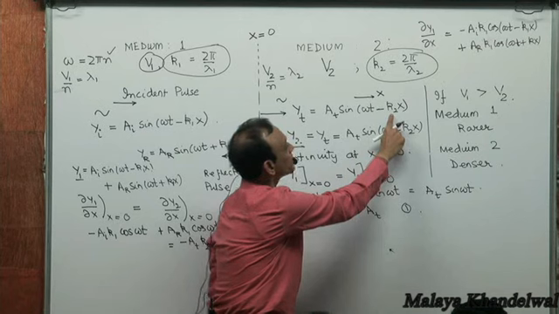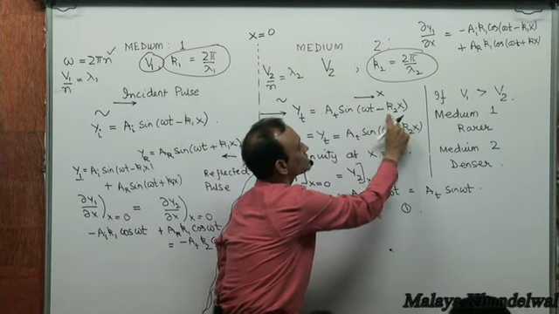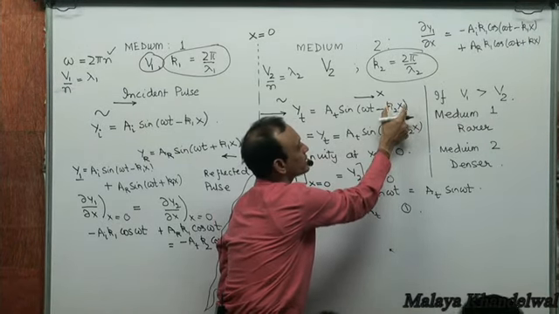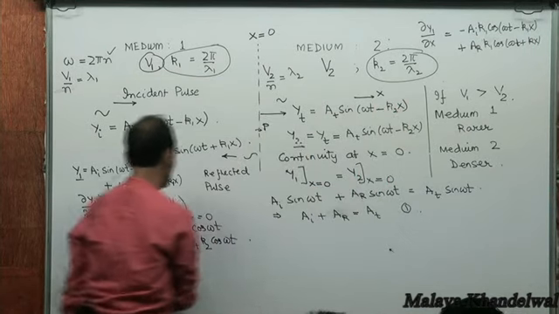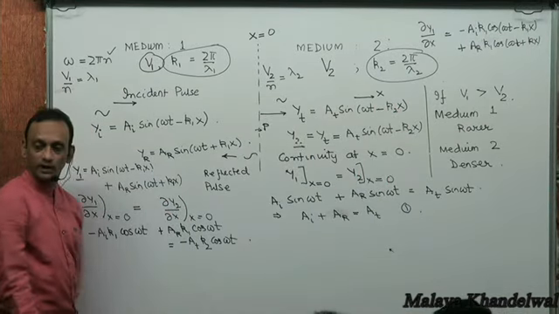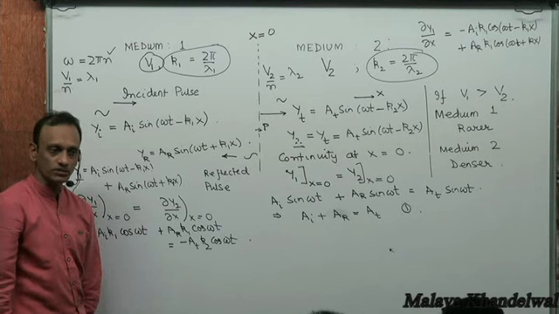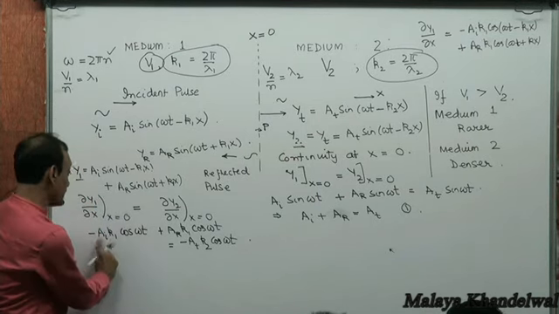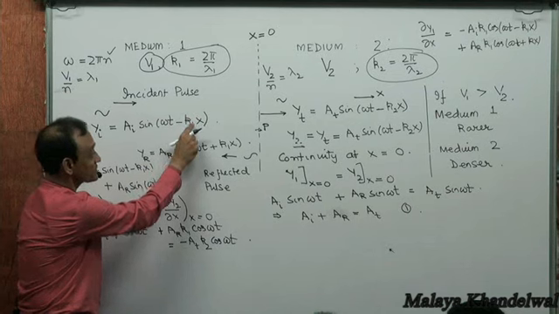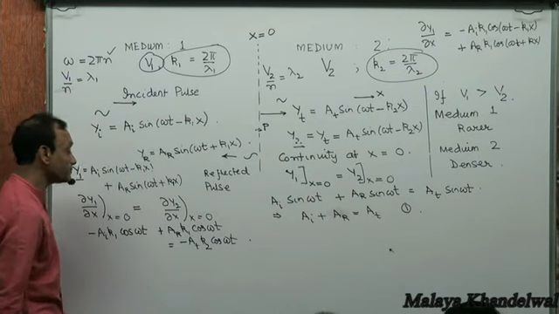If you differentiate cos omega t minus k2x with respect to x, by chain rule you get minus k2, right? That's why you got a minus here also, because of the chain rule.